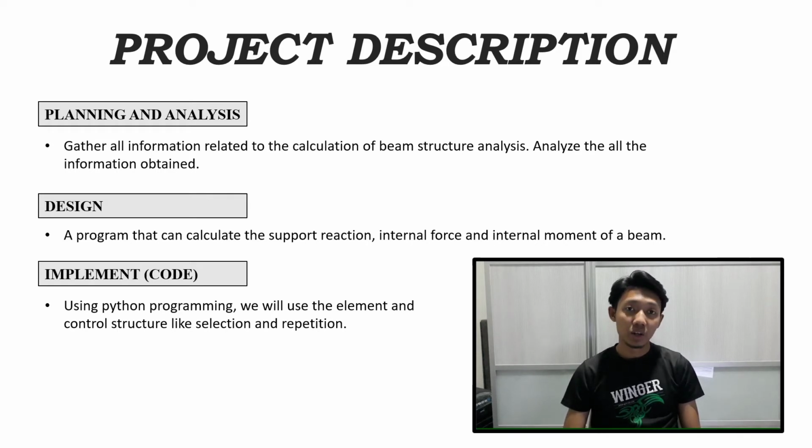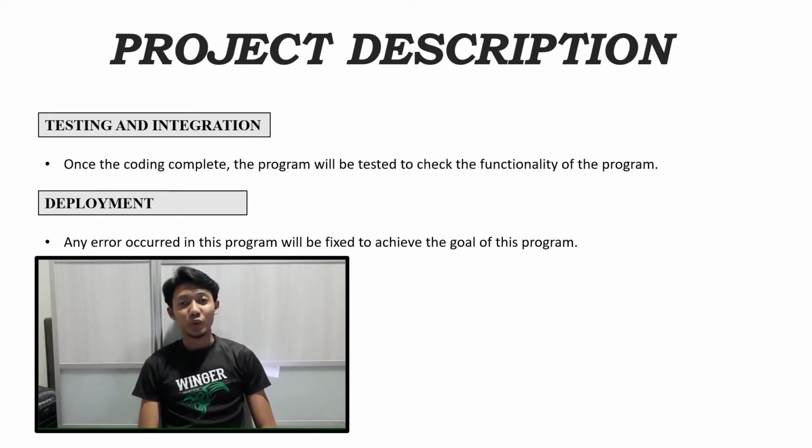Then we will implement the coding in the Python programming language. In Python, we will use suitable syntax and also elements like selection and repetition. Then we will do testing and integration.